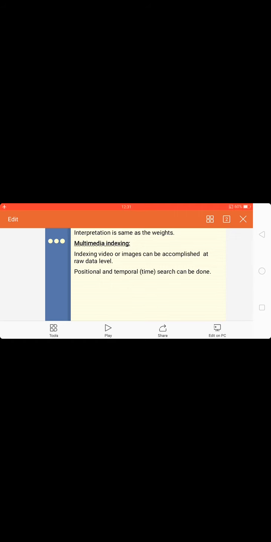The feature level distinguishes primitive attributes such as color and luminance. Here you have to identify the color and luminance by using the pixels. Why? Because I am using images, videos, audios here. Then the semantic level, where meaningful objects are recognized, for example an aeroplane in the image or video frame.